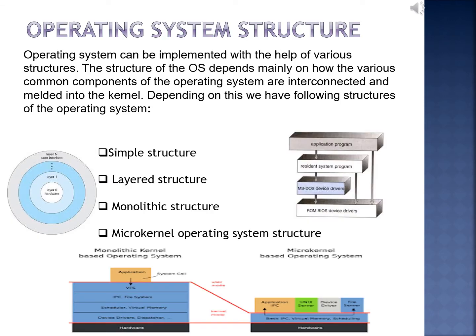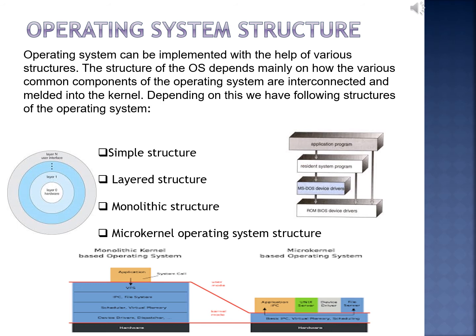Now here comes the operating system structure. Operating systems can be implemented with the help of various structures. The structure of the operating system depends mainly on how the various common components of the operating system are interconnected and melded into the kernel.